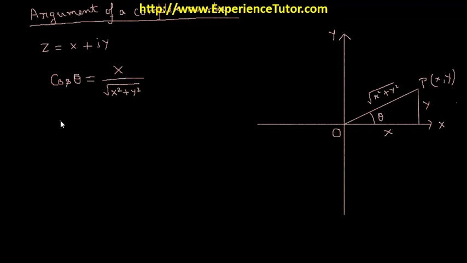Sin theta will be y upon the square root of x squared plus y squared. The argument of z is also called the amplitude of z. The argument of any point lying in the interval minus pi to pi is called the principal argument.